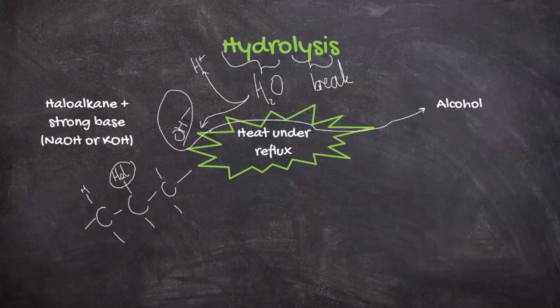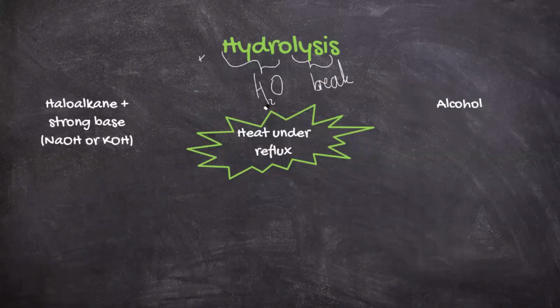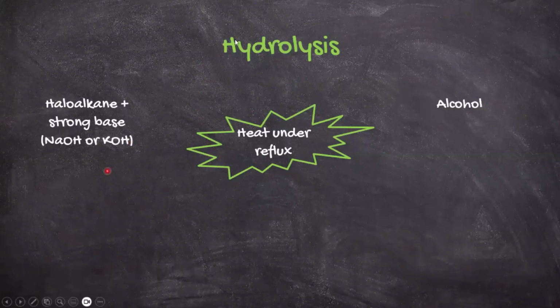So you are going to add this OH group on to make an alcohol. But you first need to break off the halogen that's in the way. So that's why it's called hydrolysis. And for all of this, you are again going to heat this under reflux, but you're doing that in the presence of a very strong base.